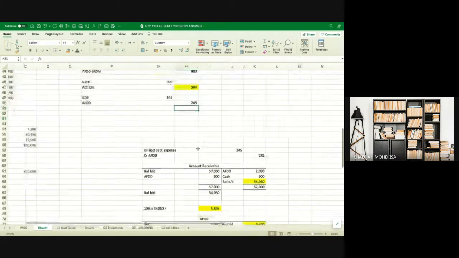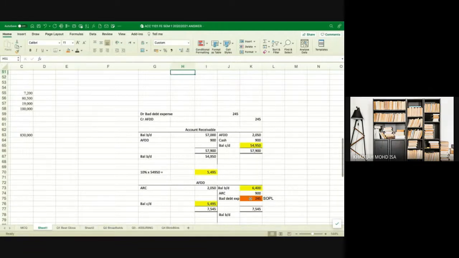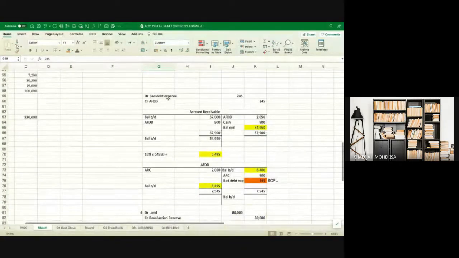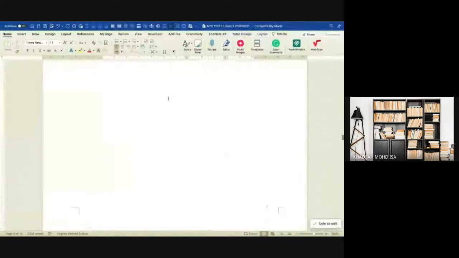Where do you get that information? From your ADA, or your AFDD, you have 245: debit your bad debt expense, credit your ADA. So this amount will later go into your profit and loss statement.